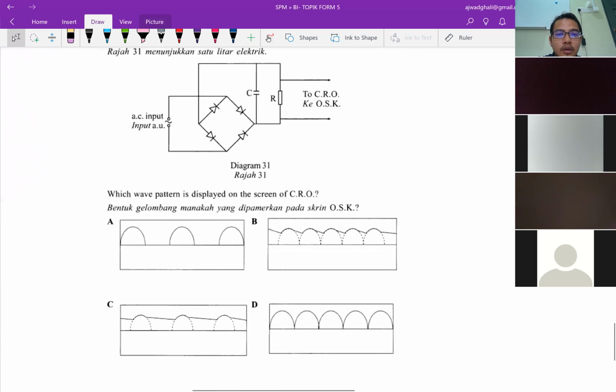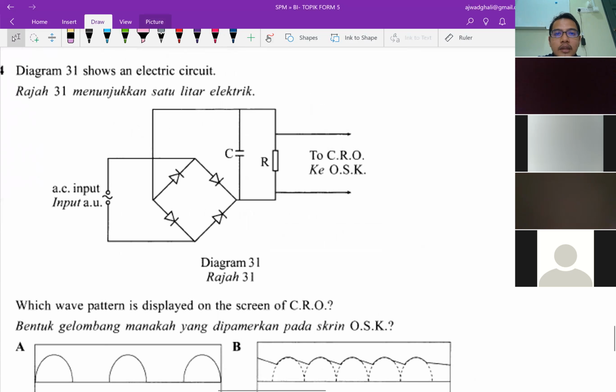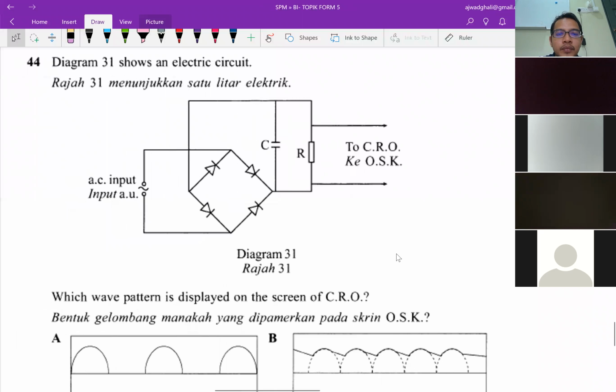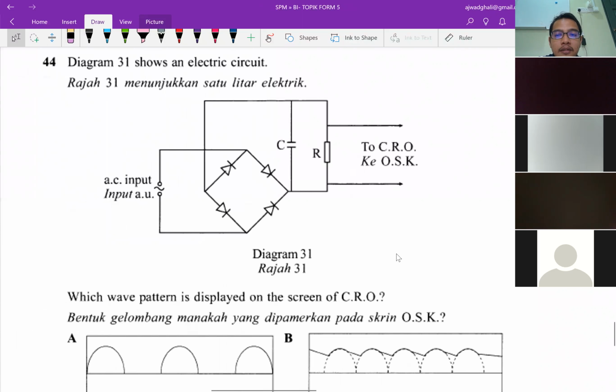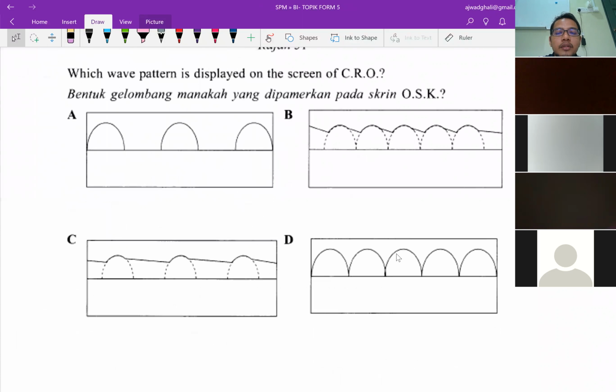Okay. So we go through the last one. Rectification, full wave or half wave. Is there any capacitor or not? Okay, good. Akasha said yes, Aina said yes, Christina also said yes. So which wave pattern is displayed on the screen of the CRO? Okay, B, good.